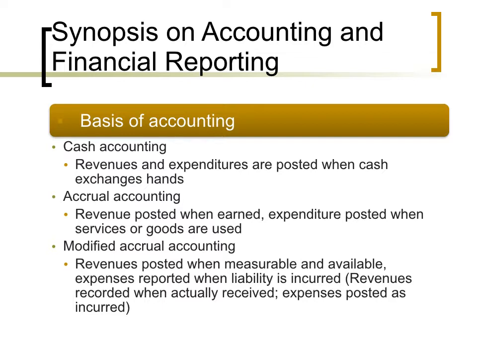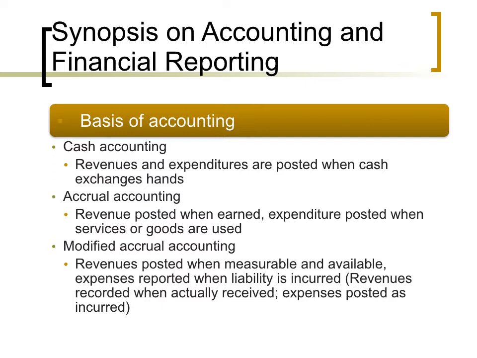That's quite simple, so that's why smaller businesses will generally operate on a cash accounting basis. Larger organizations or larger firms will operate off of what we call accrual accounting. Accrual accounting means that revenues will be posted when earned and expenditures will be posted when services or goods are used.